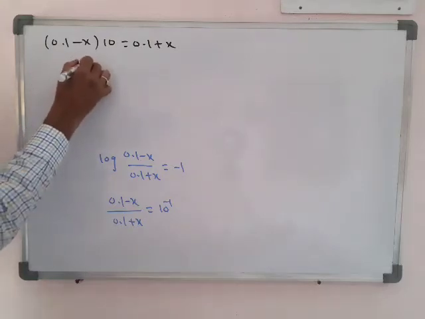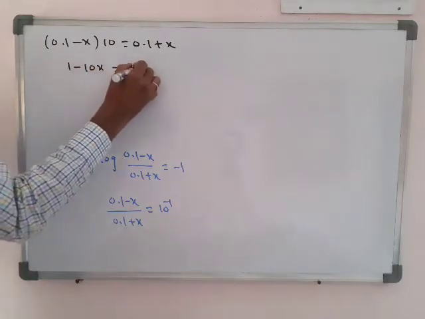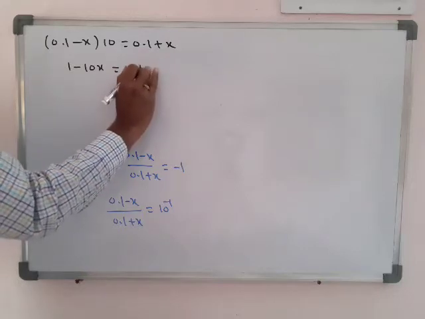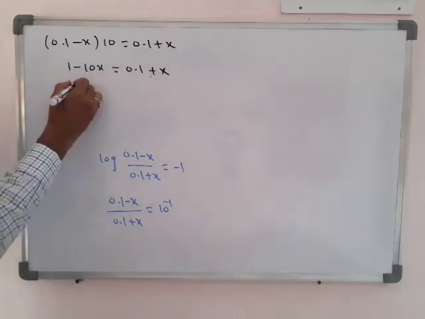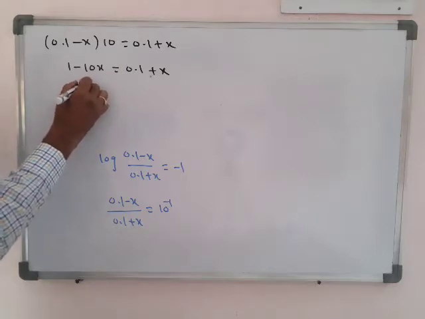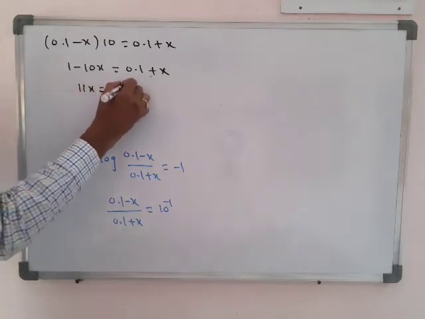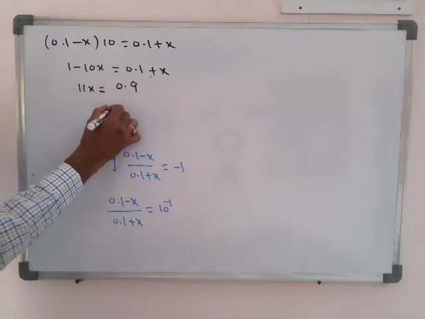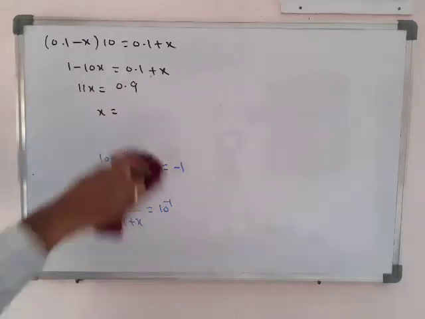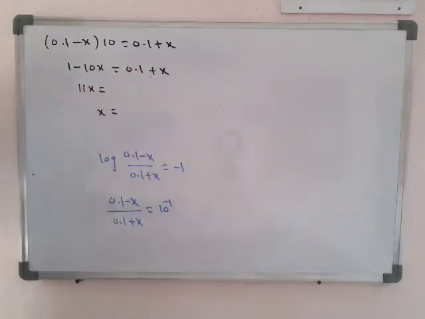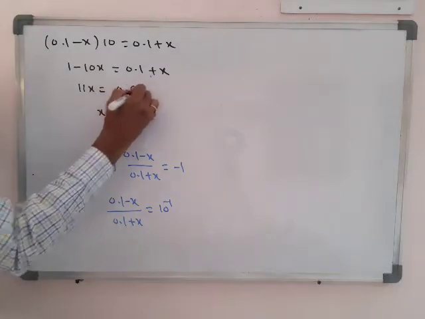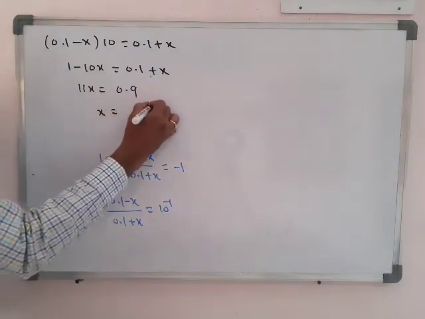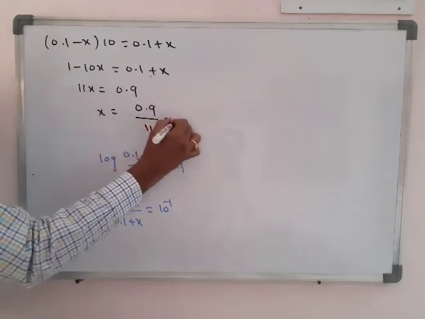So this is 1 minus 10x, and this x goes there. So x equals 0.9 by 11.